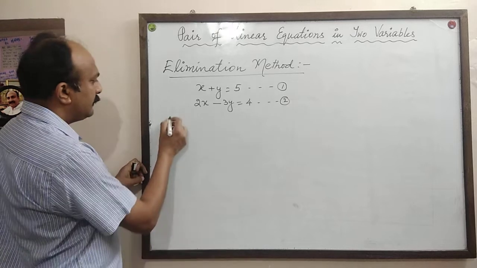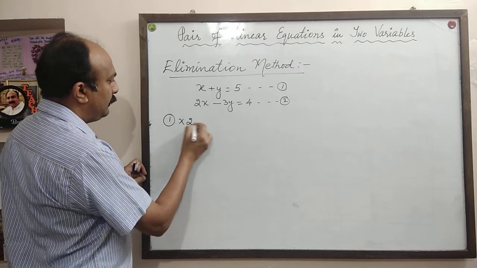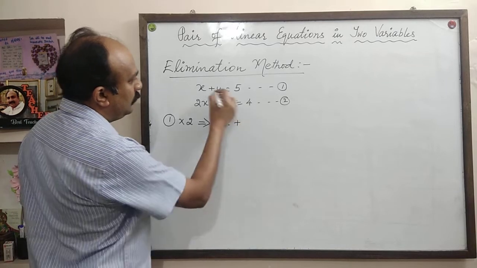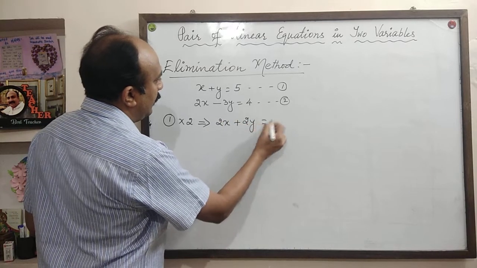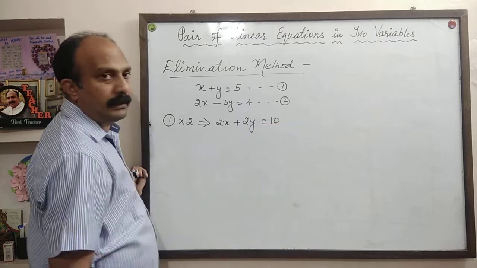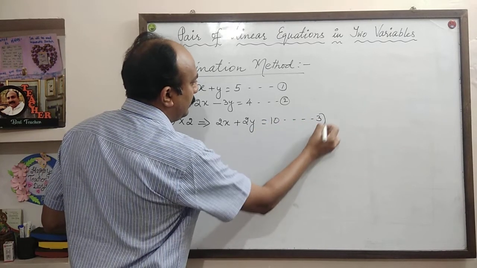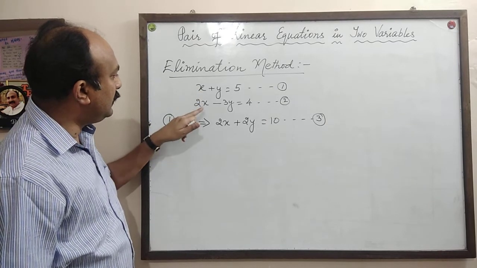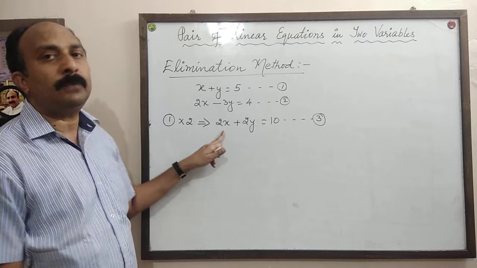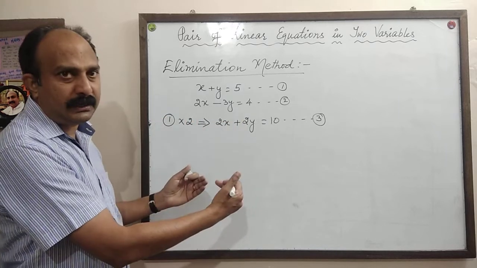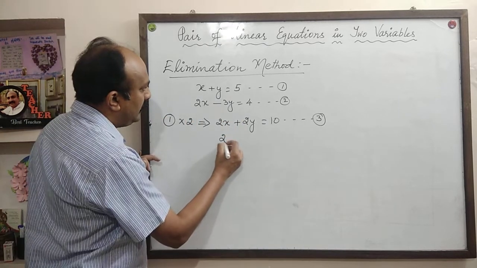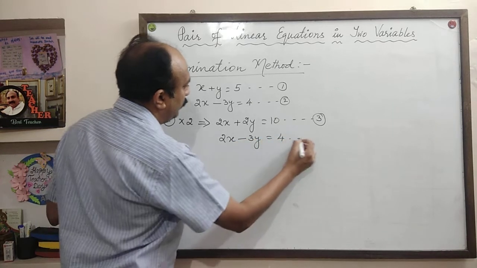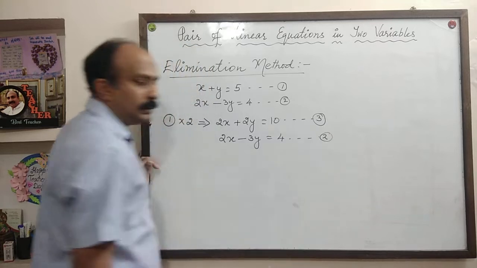So we write equation 1 multiplied by 2 gives 2 into x, 2x, 2 into y, 2y, and 2 into 5, 10. Keep it as equation number 3. Now the coefficient of x in the first equation and the second equation are equal. Just below this equation number 3, we will write down equation number 2, that is 2x minus 3y is equal to 4. This is equation number 2.